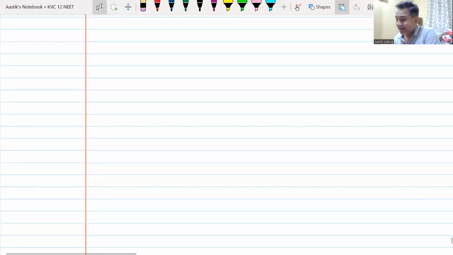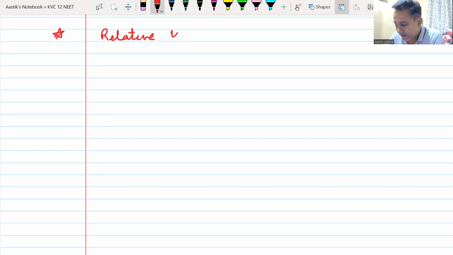So you can write it as next heading, and you can write it with three stars: relative refractive index. This relative refractive index or relative mu is nothing but refractive index of one medium with respect to the other medium. And how I'm going to write it?